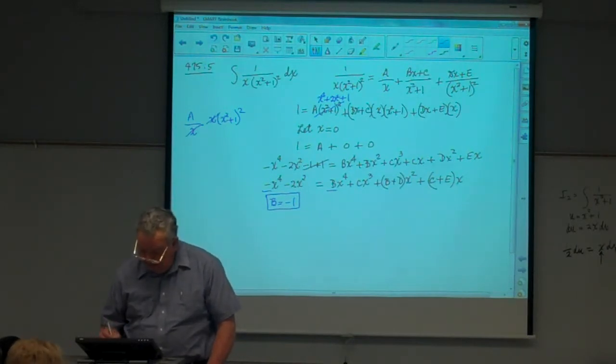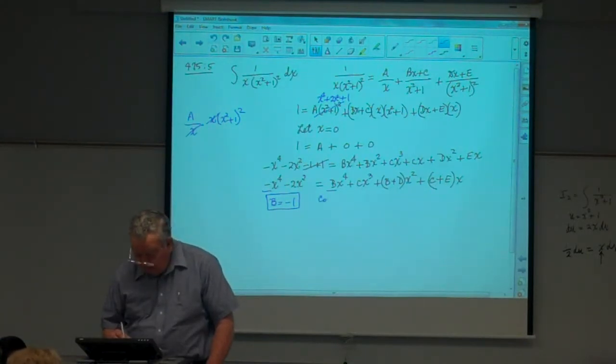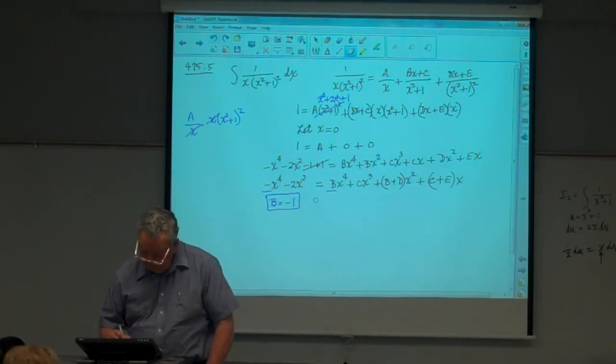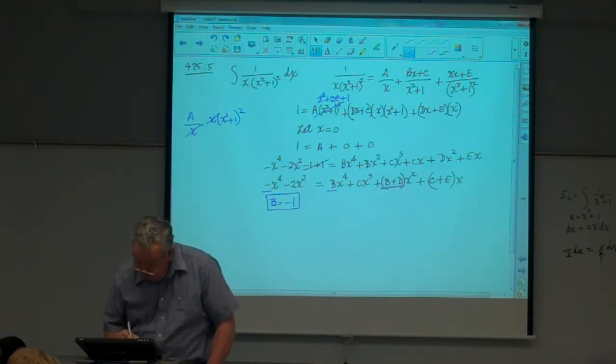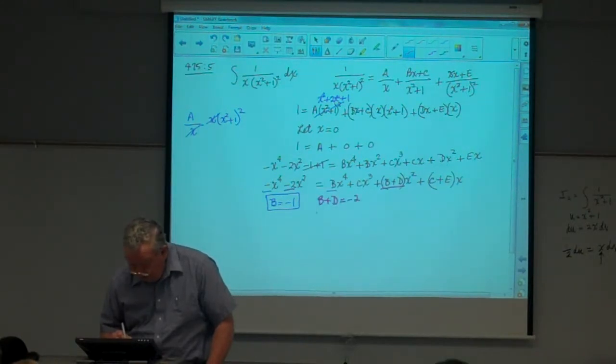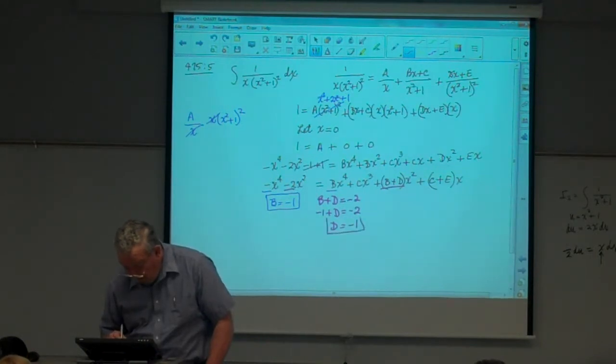B is negative 1. I know that B plus D is equal to -2. But that's -1 plus D is equal to -2, or D is equal to -1 also.